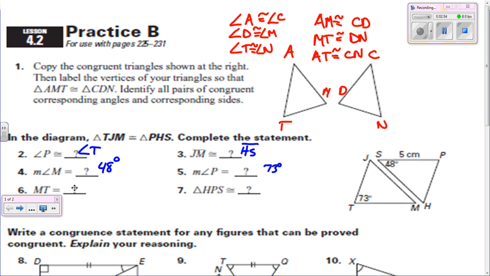Then MT is the same as SP, so that would be 5 centimeters. In triangle HPS, that would be congruent to triangle, and it has to be in the same order. So if it goes HPS, it would be JTM.